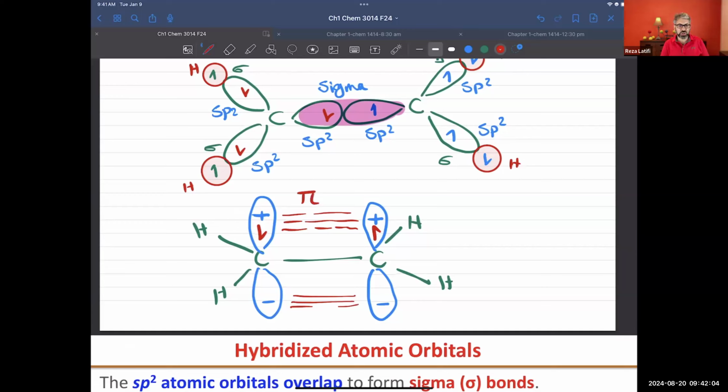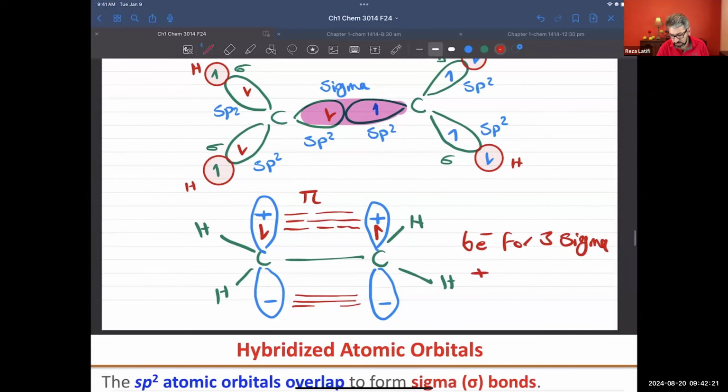So each carbon has 3 sigma bonds. Through the 3 sigma bonds, it will get 6 electrons, 6 electrons for 3 sigma, plus 2 electrons for a pi bond.